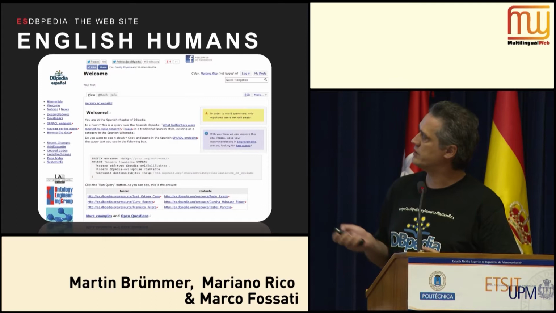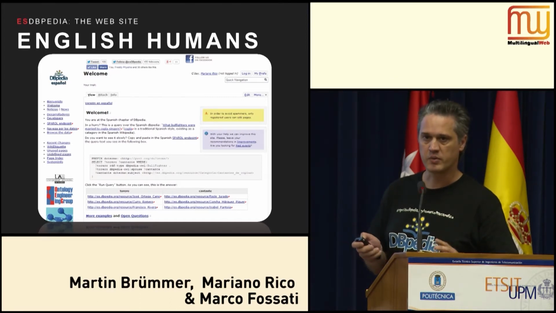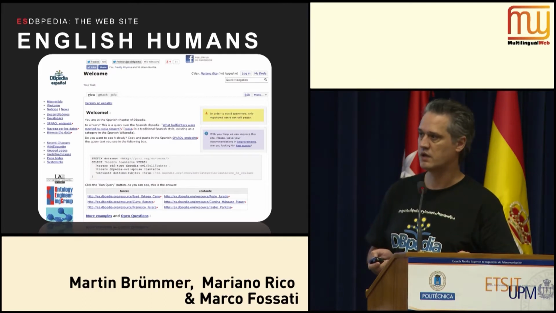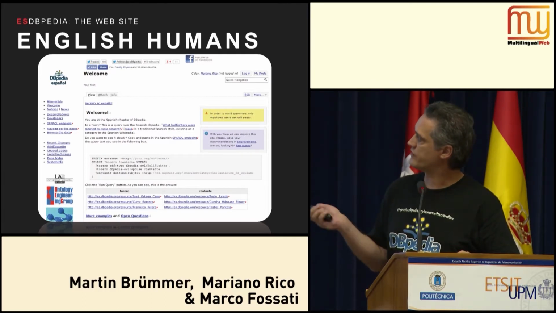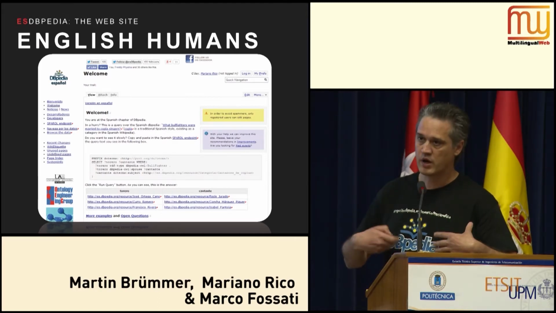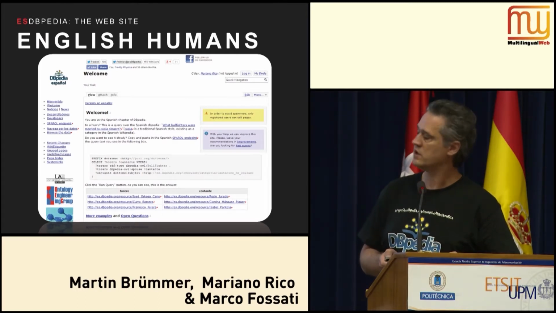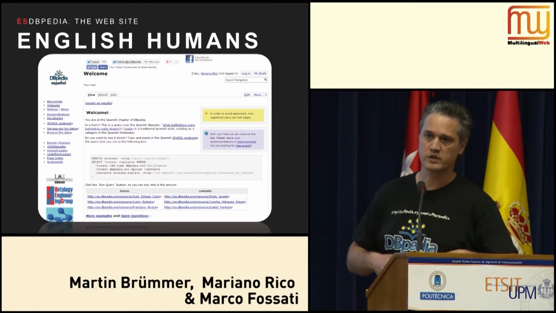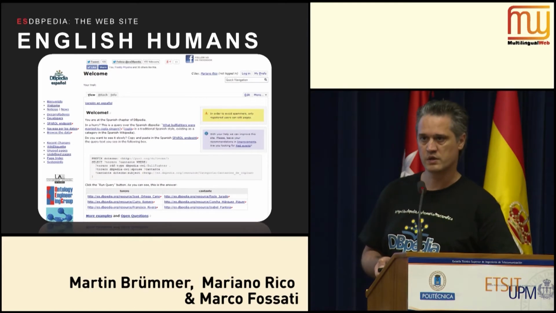The Spanish DBpedia is not only a SPARQL endpoint, it's also a website that you can visit, and you have information there in English and in Spanish, and you can learn how to set up your system and how to get more information about queries, about anything you are interested in.